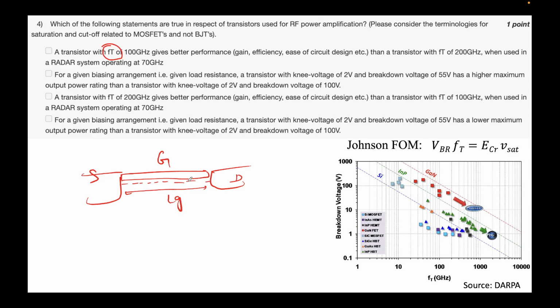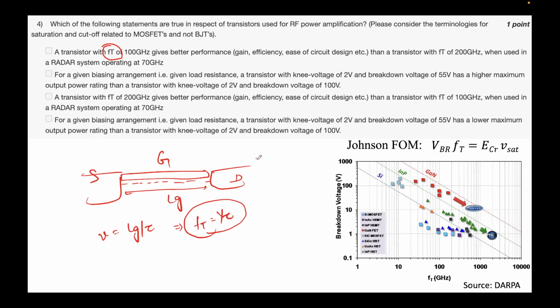So essentially, how fast is it able to transit? That's the velocity, right? Velocity is gate length divided by the transit time tau, and FT is nothing but 1 over tau. So how fast you are is given by the frequency. Because in a material system the transit time is smaller, the faster, and you can see the LG has to be same for both of them.